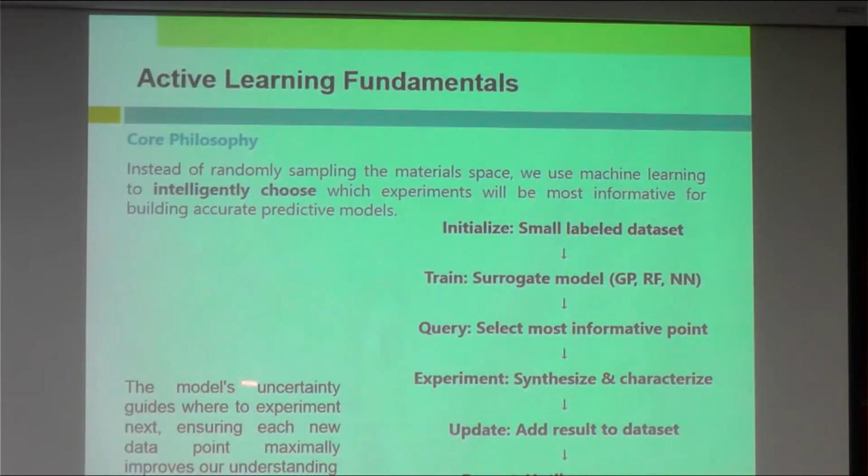So the model's uncertainty guides where the experiment next, ensuring each new data point maximally improve our understanding of certain properties or certain materials as we want.